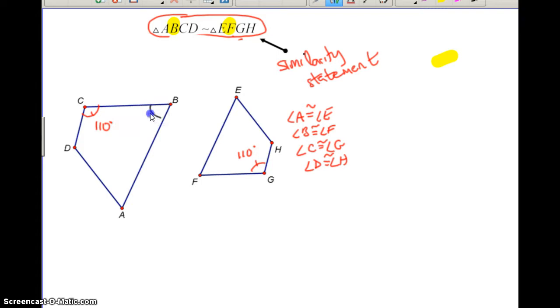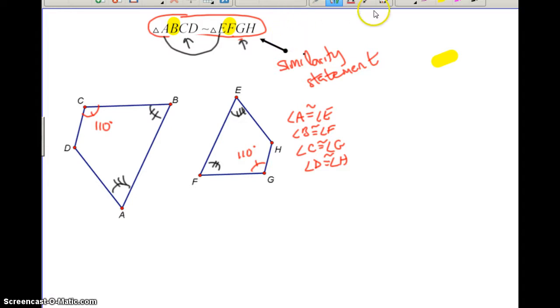B is congruent to F, and then we know that C is congruent to G, so we did that already. We know that A is congruent to E, so we could do a triple for A and a triple for E, and so on and so forth if we want to mark angles congruent to each other.